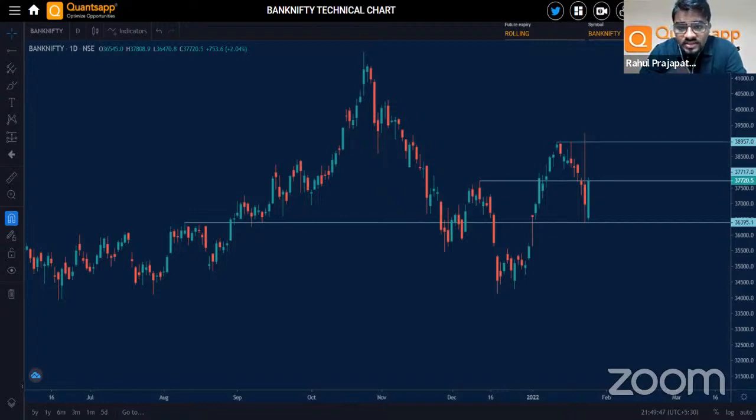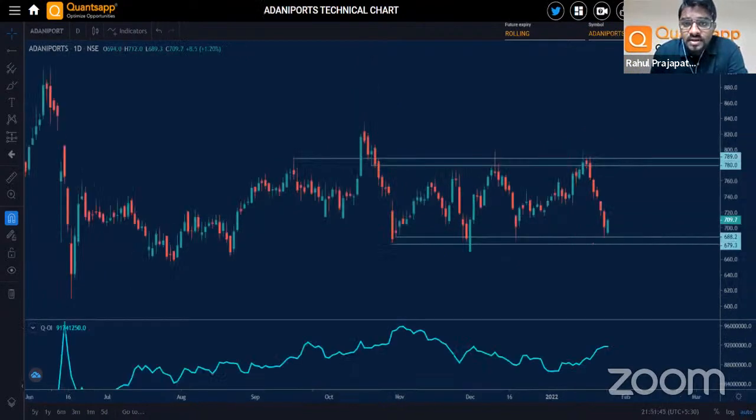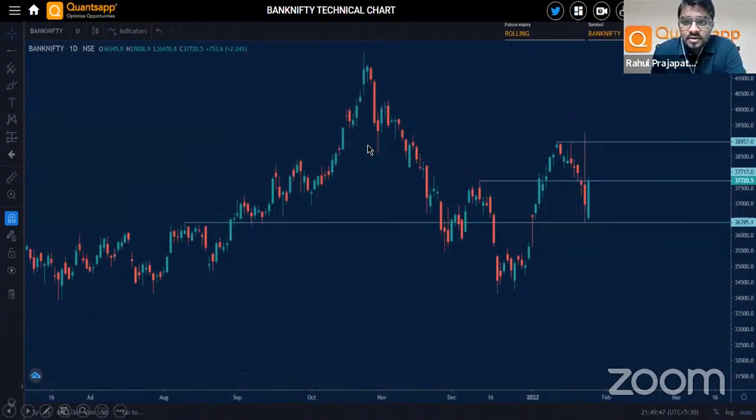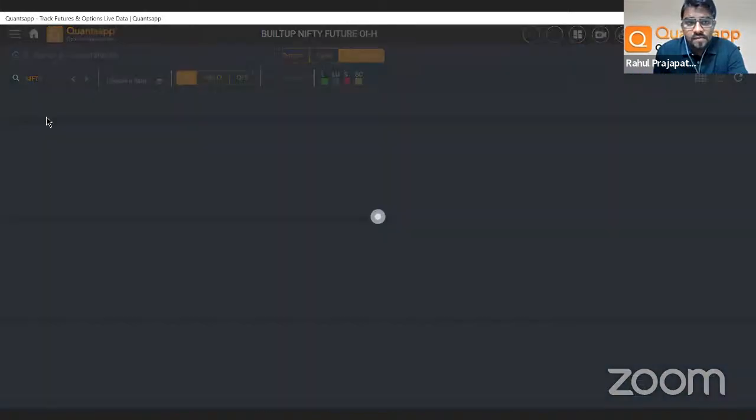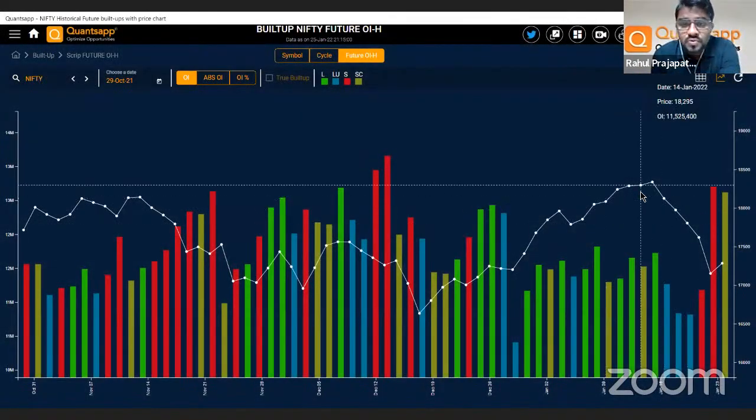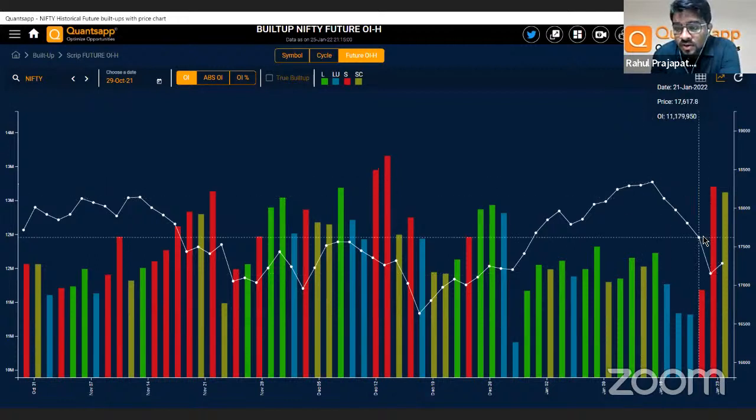And now let's talk about the levels that we need to look for specifically. First, let's go to the OI. In Nifty, if we check, we had two shorts, and then in the last trading session we had one short covering, so that's when the market went up.